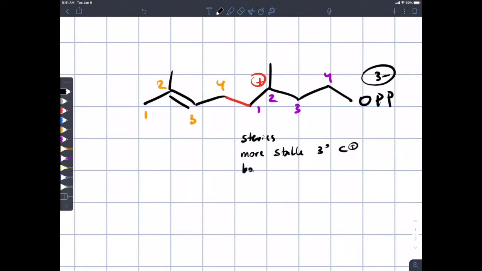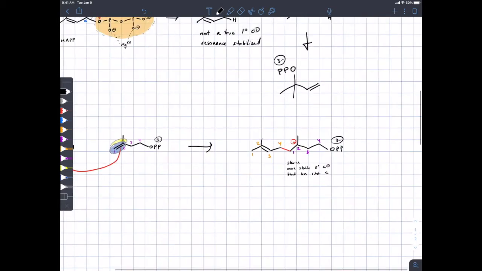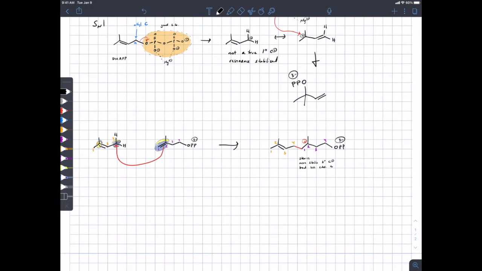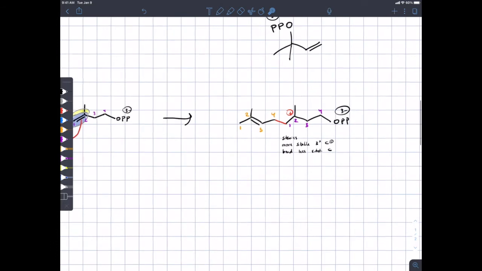So the bond goes on the less substituted carbon. Think of the alternative, which we won't draw, if in fact we had made the bond with carbon 2, carbon 1 would be a primary carbocation. That's just not a good option.